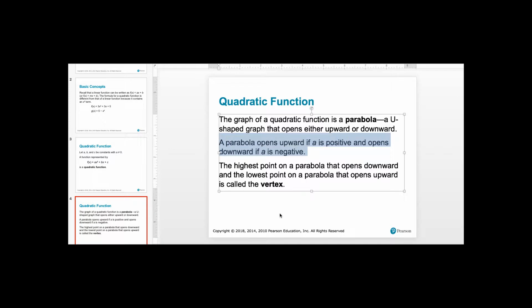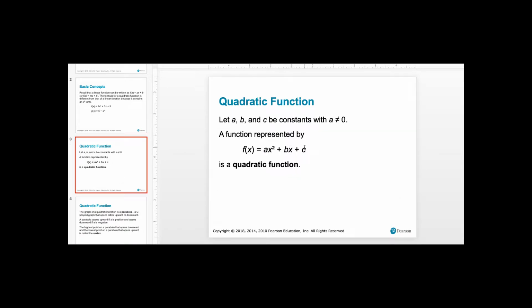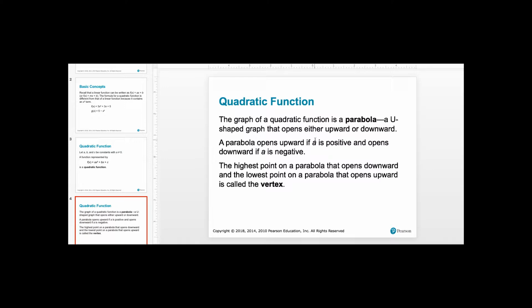If a, again, that's the coefficient that's attached to the x squared term, is positive, then you know that your parabola is going to open up, and if it's negative, the parabola will open down. Note that b and c are not mentioned here. It does not matter what the values of b and c are. It's only a that will determine whether that thing opens up or opens down.